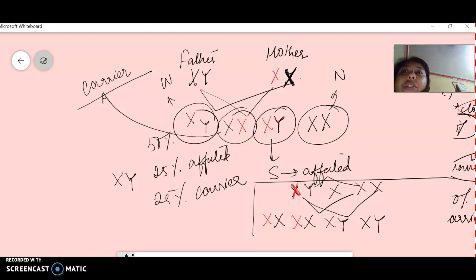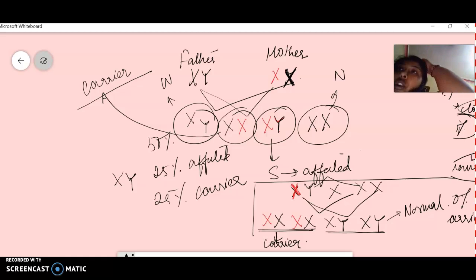Here you see that all the sons are normal, whereas all the daughters are carriers. So this is another probability of your cross.